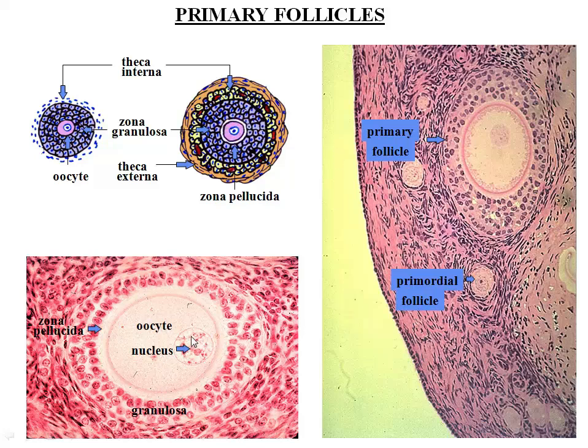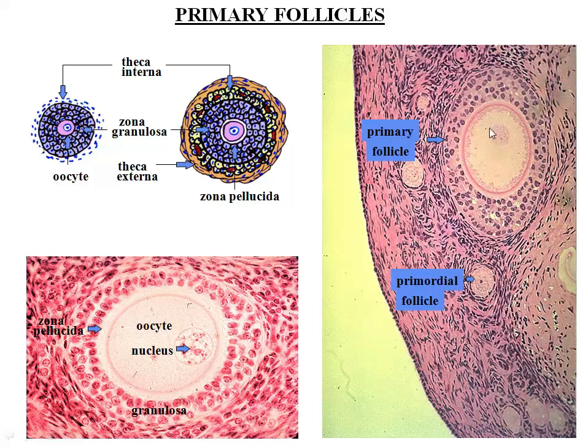Okay, so we'll verify this in these two color photographs. So here it is an oocyte and the nucleus of the oocyte. And what is this all filled with? This is the zona pellucida. This is the zona granulosa portion, the follicular cells portion. And outside this is the theca interna and theca externa. So here again, this is a primary follicle, this is a primordial follicle.